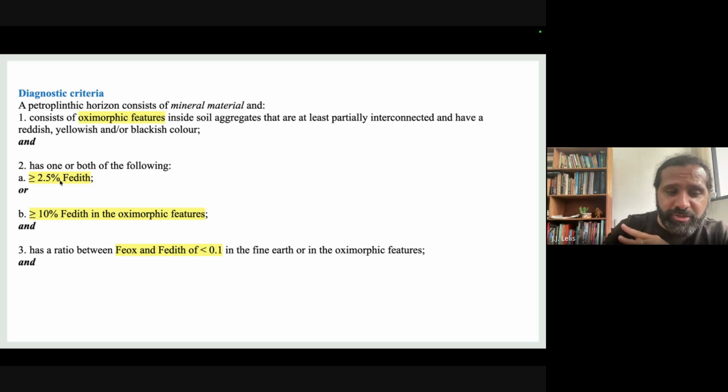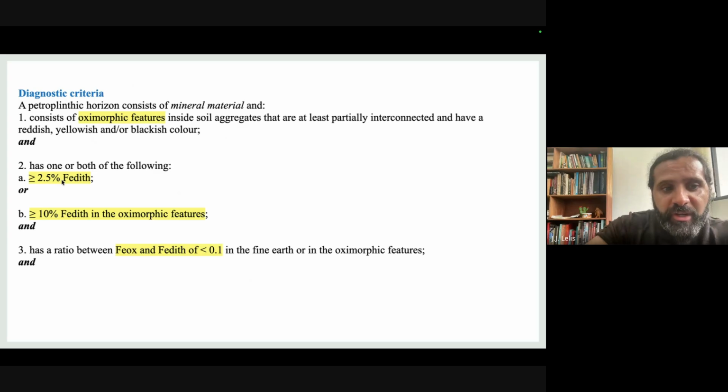It should register at least 2.5% of iron extracted by dithionite. This is dithionite-citrate-bicarbonate, a specific method that measures the total iron content.